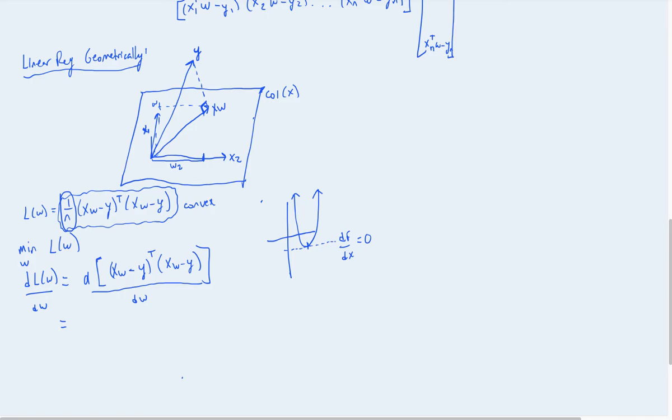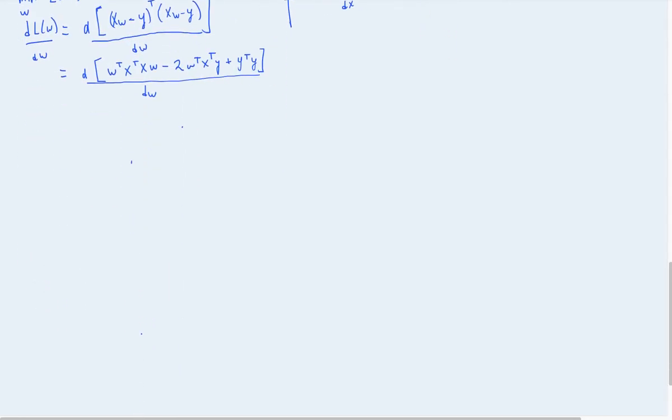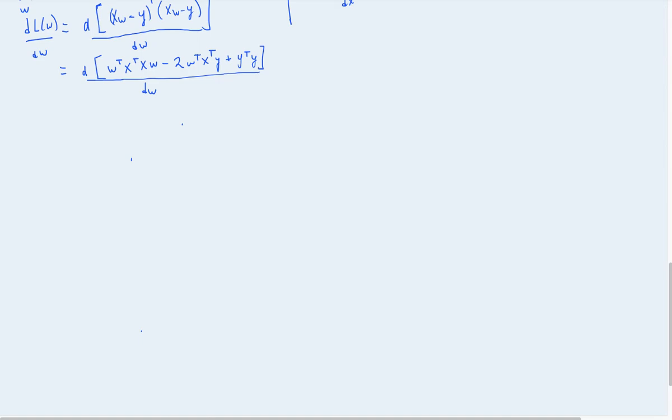And let's just expand this out a little bit. Just FOIL this. So W transpose X transpose XW minus 2 W transpose X transpose Y plus Y transpose Y, dW, and we're going to take the derivative finally.